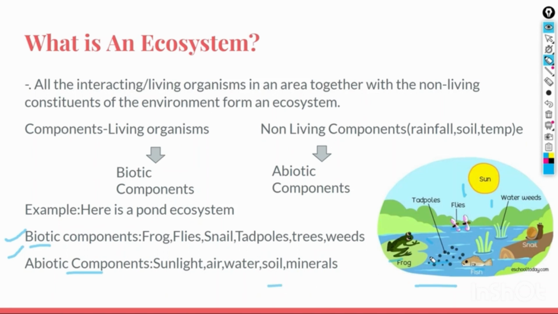These abiotic and biotic components are interdependent on each other, which means without the abiotic components, the biotic components won't be able to survive. They interact with each other to form a pond ecosystem.